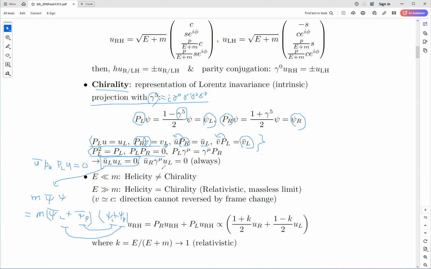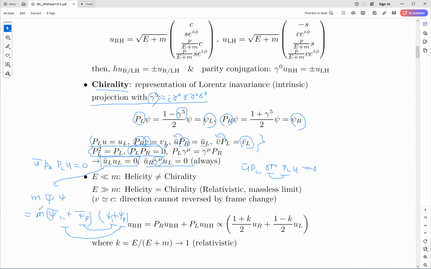And if we insert the gamma matrix between the adjoint spinors and original spinors, then U_R bar gamma mu U_L is always 0, because U_R bar is U bar P_L, and gamma mu and P_L U. If we swap the gamma matrix and the projection operator, then this gives P_L P_R, which is equal to 0, so always this is equal to 0.